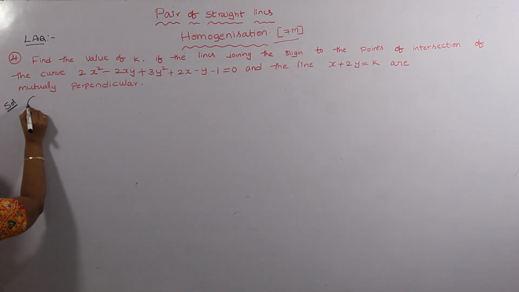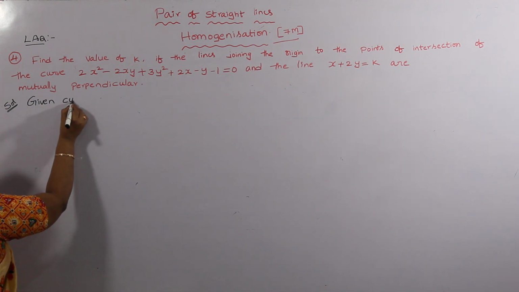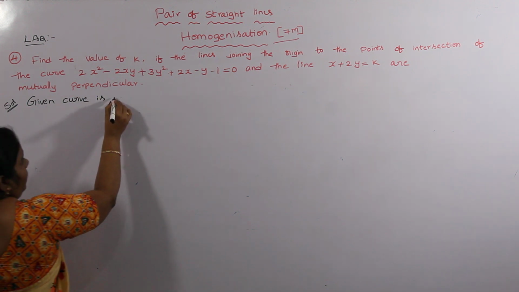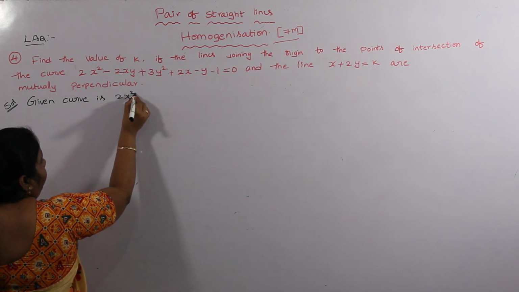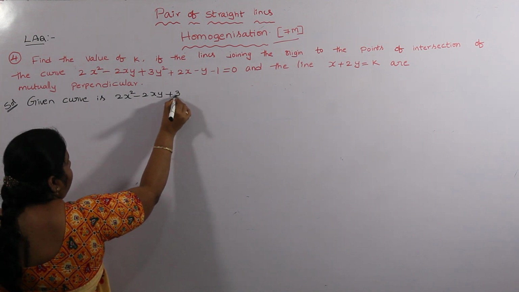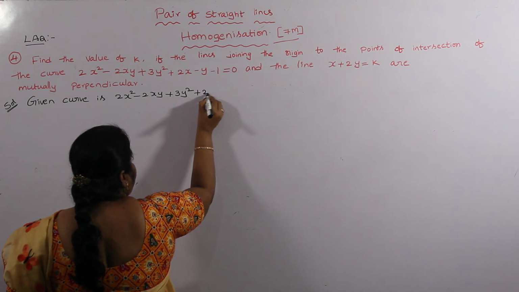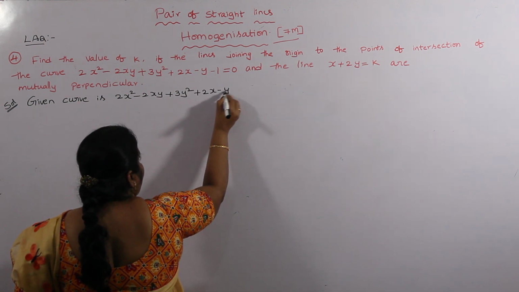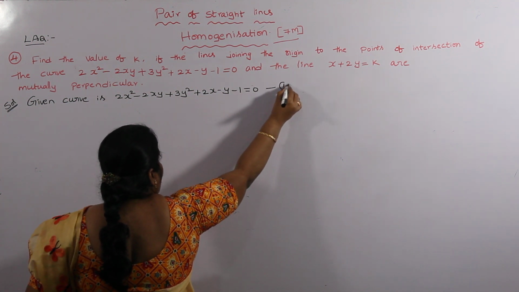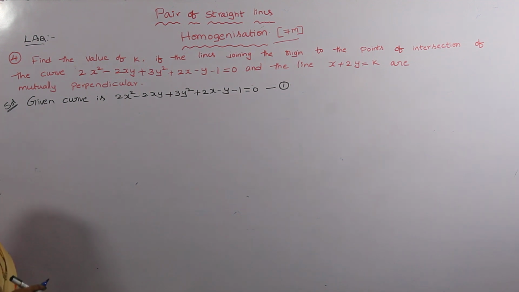The given curve is 2x square minus 2xy plus 3y square plus 2x minus y minus 1 equal to 0. This is equation 1, the non-homogeneous equation.